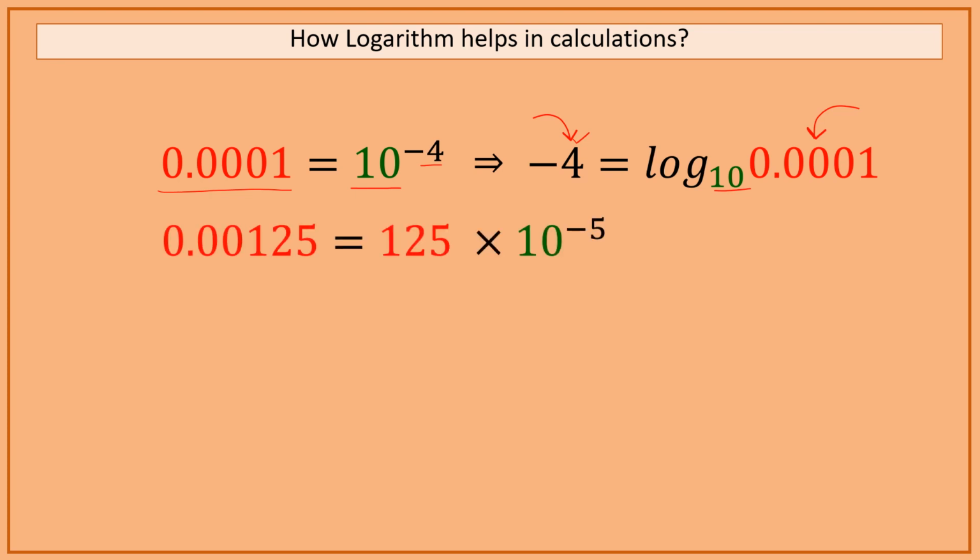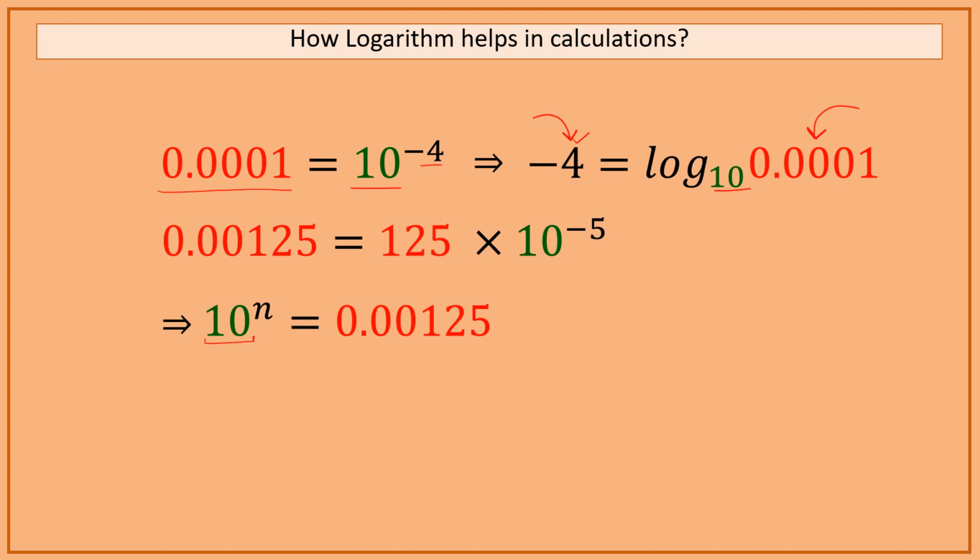Let us suppose we have a number 0.00125, which can be expressed as 125 times 10 to the power -5. Now here we would like to ask a question. We are specifically mentioning the base for the expression as 10, and we would like to know how many times we should multiply 10 by itself to get 0.00125.